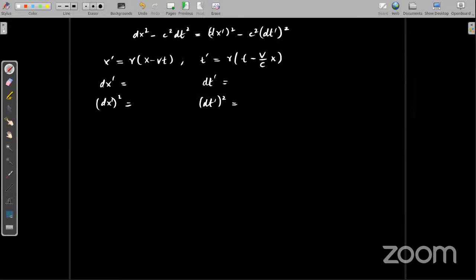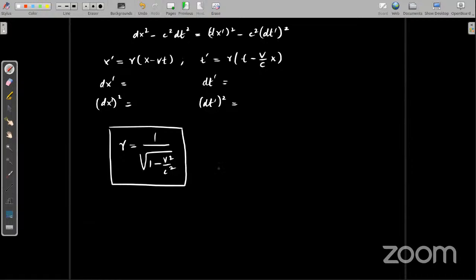And then you put them back, and eventually what you end up with is this: gamma equals 1 over square root of 1 minus v squared over c squared. I'm very confident that all of you have seen this quantity, right? This is called the Lorentz factor. Various authors call it different things, but let's just call this the Lorentz factor.